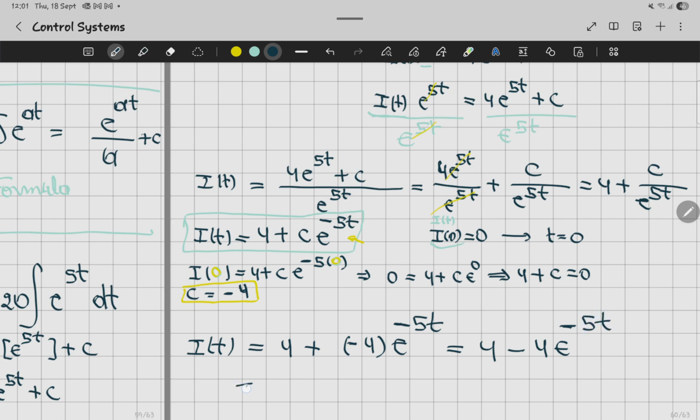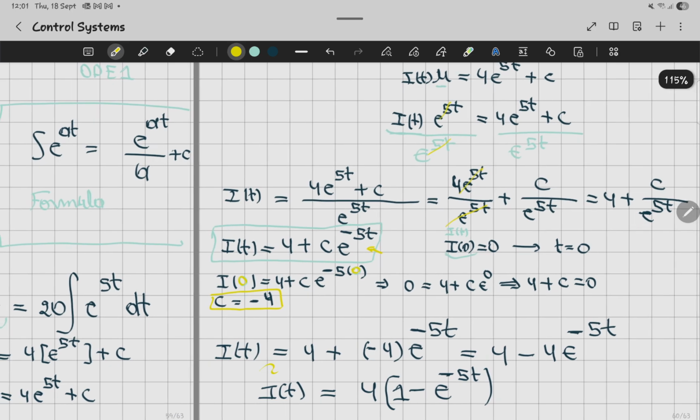Okay, and in the final you can write it like this: 4(1 minus e^{-5t}). That will be our final answer for this question.